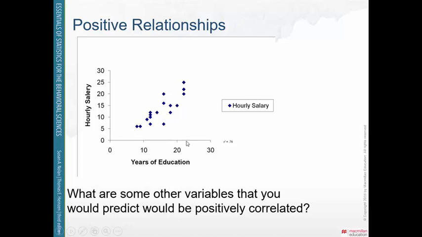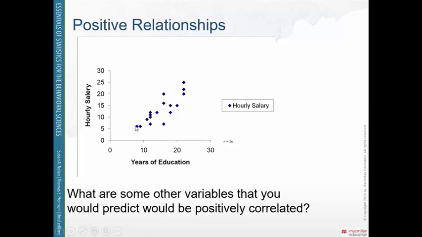And when people are high on one variable, like years of education, they tend to be high on the other variable of hourly salary. So when you're low on one, you tend to be low on the other. When you score high on one, you tend to score high on the other. And you can see that, like here's someone who has 8 years of education, left school in 8th grade, and they make $5 an hour, which at this point isn't even legal, right?